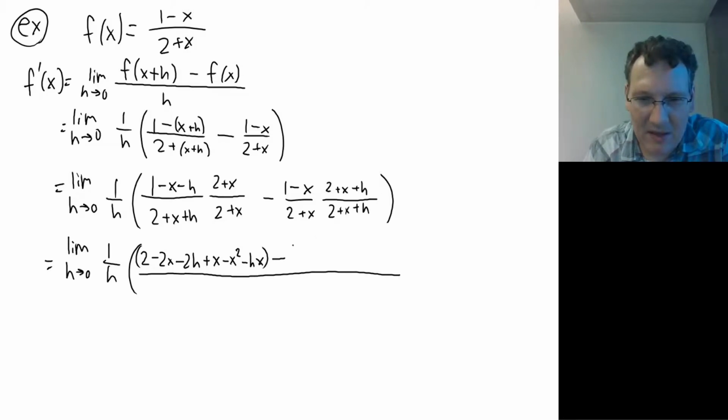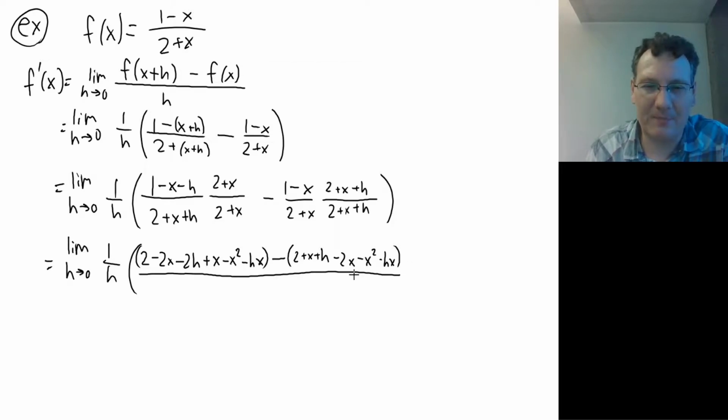It's going to be minus, I'm going to multiply it out. 1 times 2 plus x plus h is going to be 2 plus x plus h. Nothing special happens there. Minus x times each of those terms. We'll have minus 2x. We'll have minus x squared. And then we're going to have minus hx.